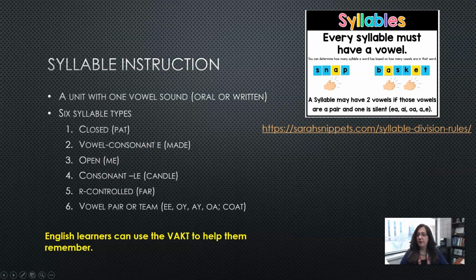So what does that mean for your English learners? Well, your English learners can use the VAKT to help them remember, because it's important for them to get the information in more than one way. So just reading it is not enough. Just listening to it is not enough. But integrating the different ways with VAKT will help them remember.